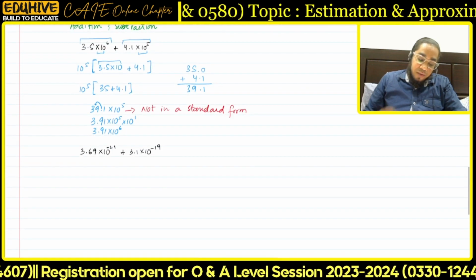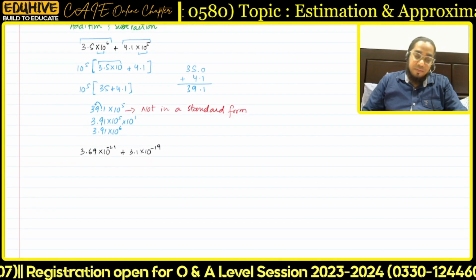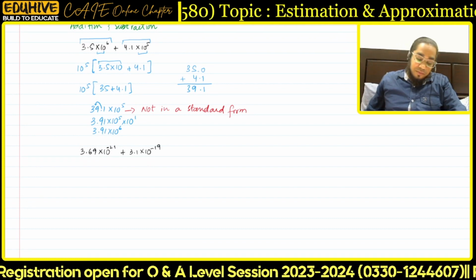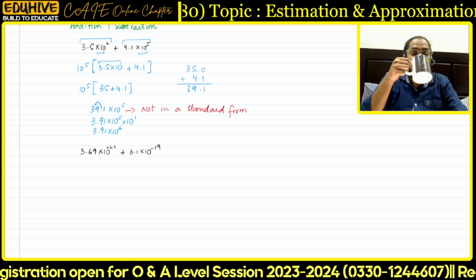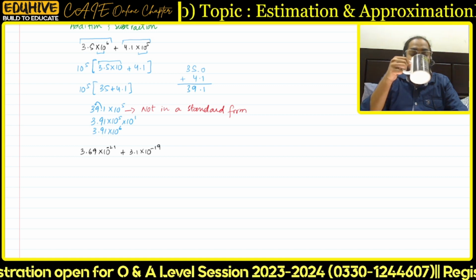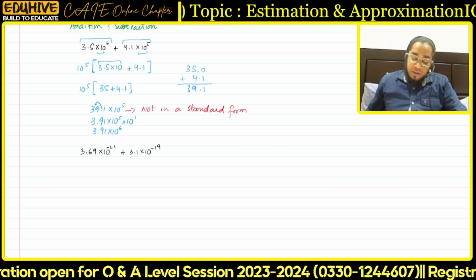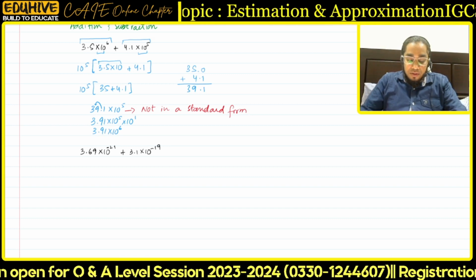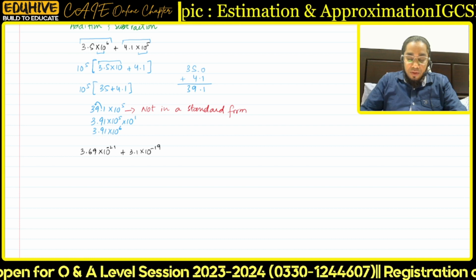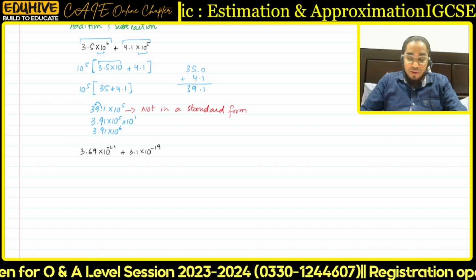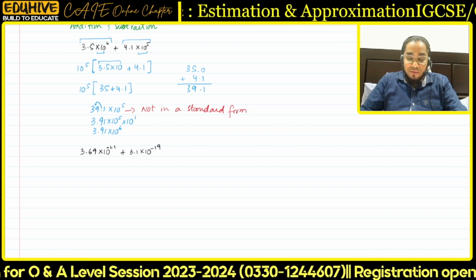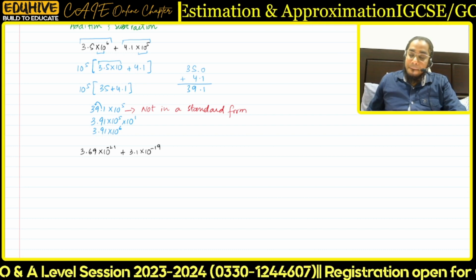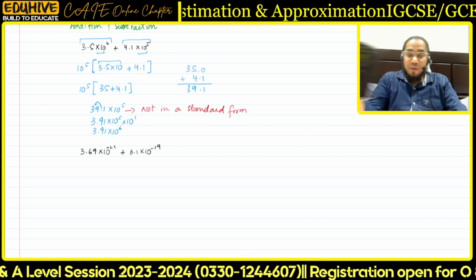So what number should I take common from this side? In this case, what am I going to take common? Now it's a tricky question to ask you guys. What am I going to take common?